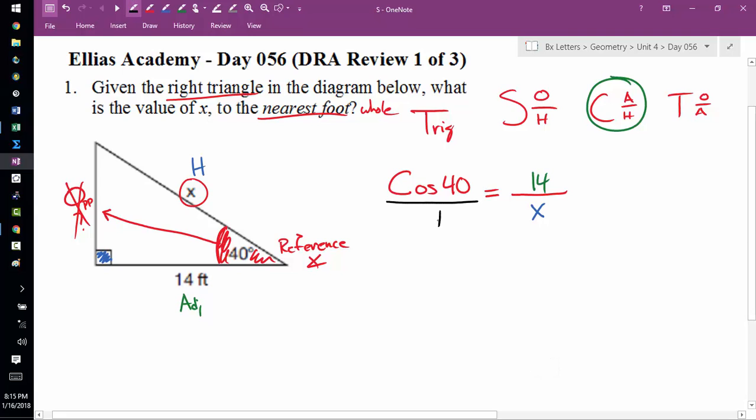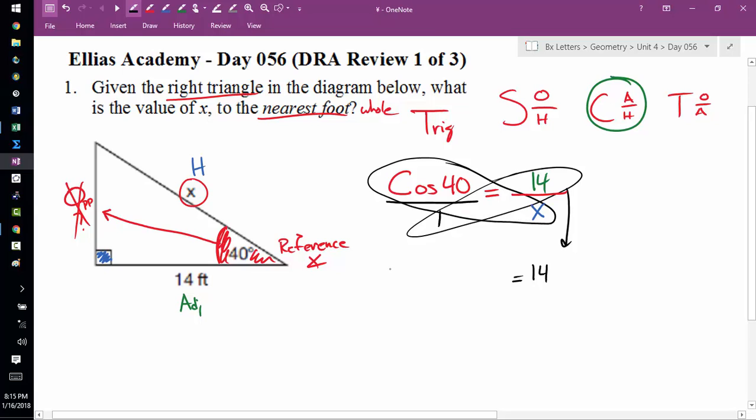So I'm going to put this over 1, and I'm going to do some cross multiplying so I can simplify. So that becomes 14. And then this cross multiplication is x times the cosine of 40. And I'm writing it like that for a very specific reason.